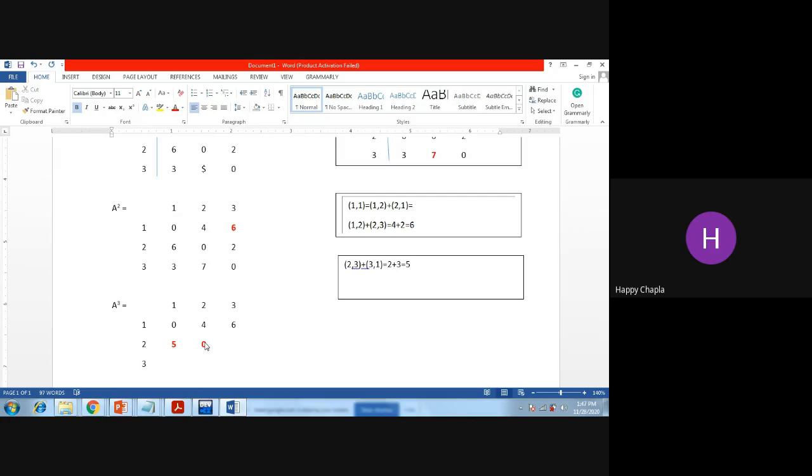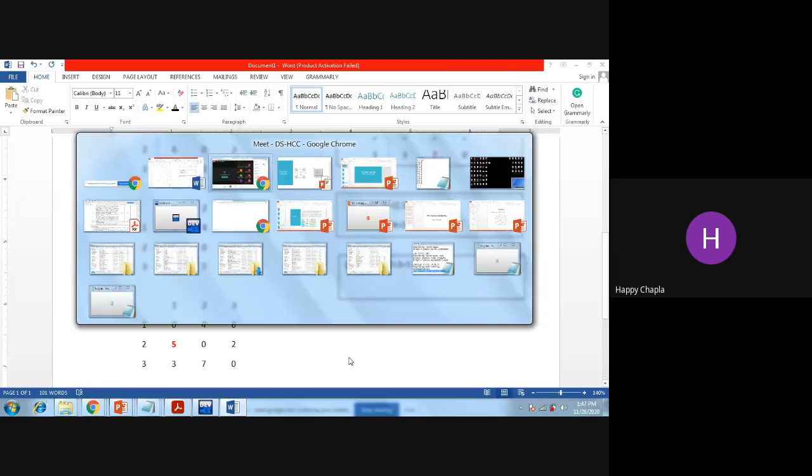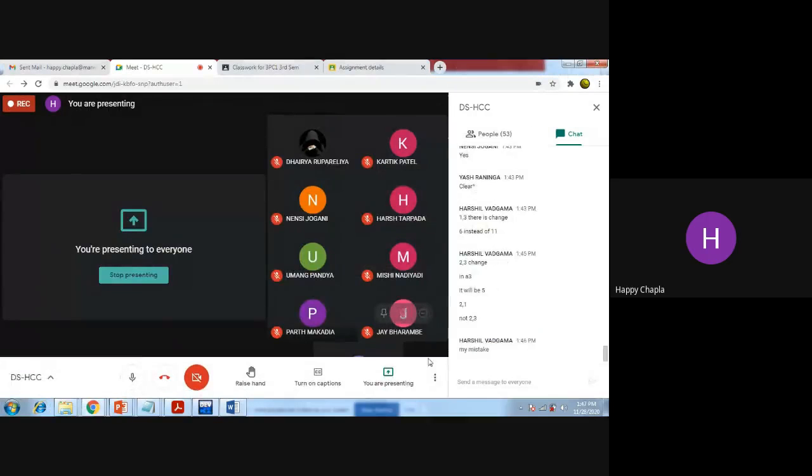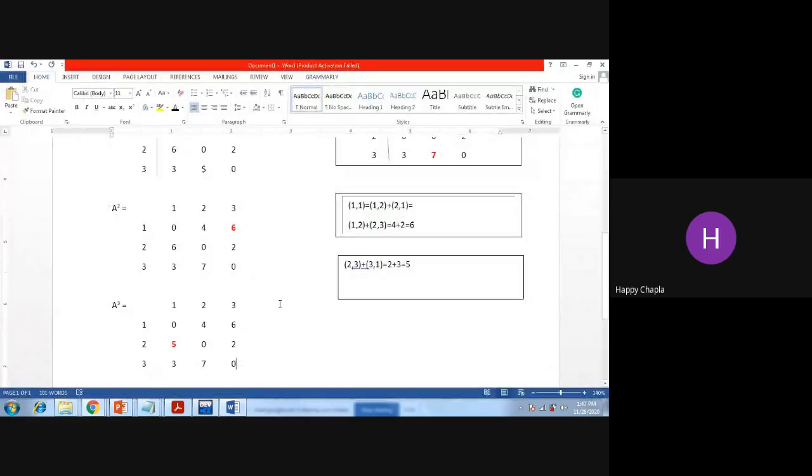This is, you can say, the minimum value with each and every pair I have matched, and the answer is the minimum value only. Okay. Yes, it's 2 to 3.